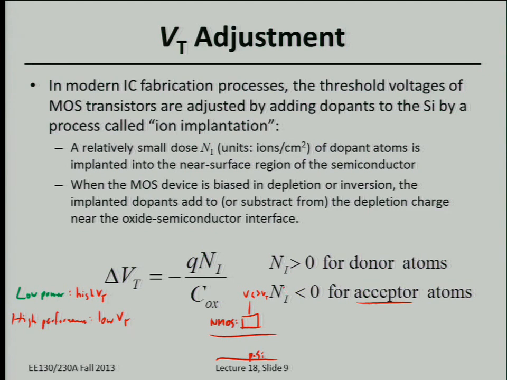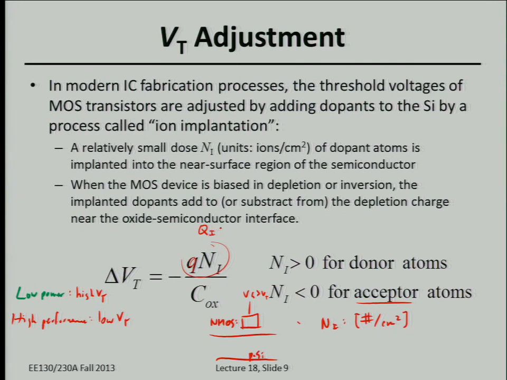Notice this simple formula, Q times Ni, where Ni has units of number per centimeter squared. This is the number of dopants you add per centimeter squared near the surface of your semiconductor. Each donor or each acceptor will contribute one charge, Q. So that's why you have Q times Ni. This will be some charge, in coulombs per centimeter squared, of the implanted dopants.